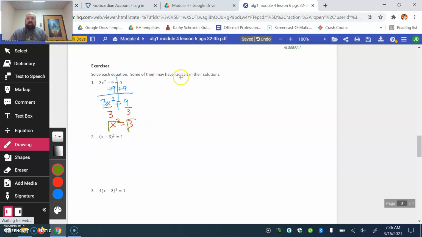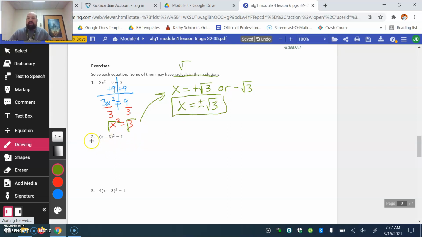Some of them may be radicals in their solution. Radical is the square root symbol, okay? So the answers, there's 2 of them for this, is x = positive radical 3. That's another way to say square root. Or negative radical 3. Another way to do that is just to put plus or minus radical 3.